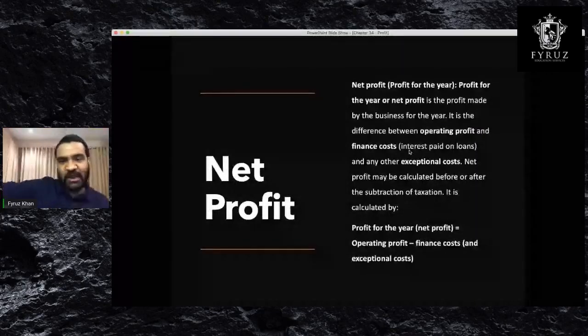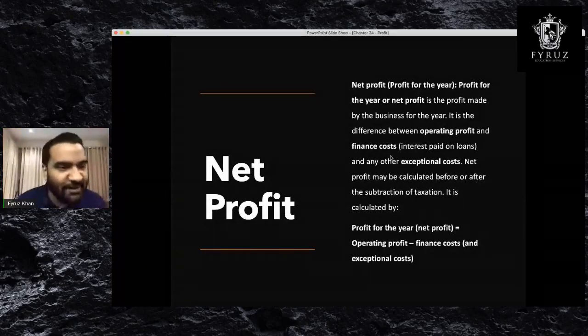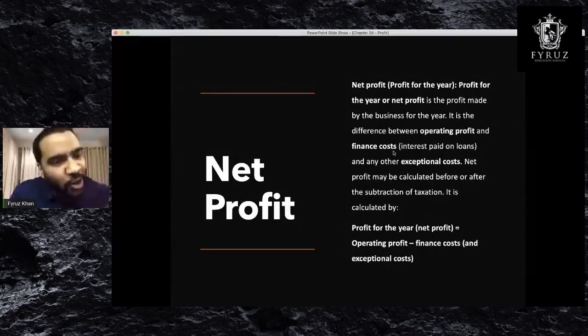Then we also have one more, the last one, which is the net profit. Net profit is minusing everything. Think about a company that has loans, and for loans you need to pay interest, right? Interest is also a cost to the business because money is flowing out. It's not coming in. So that is an expense.